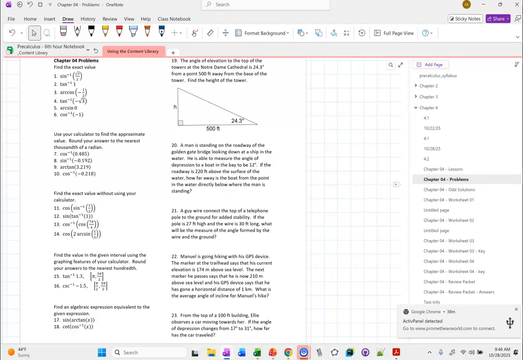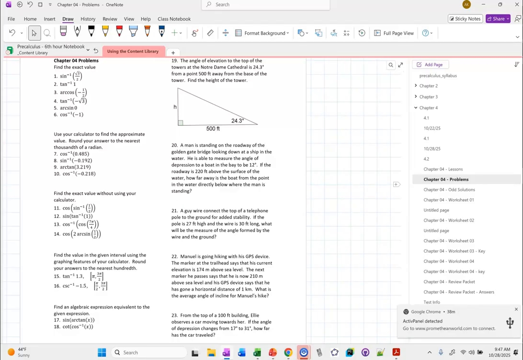Like sine, I'm looking between negative pi over 2 and positive pi over 2. Cosine between 0 and pi. Tangent between negative pi over 2 and positive pi over 2. That's all. 7 through 10, just typing this into our calculator, right? Beep, boop, boop, boop, beep, enter, done.